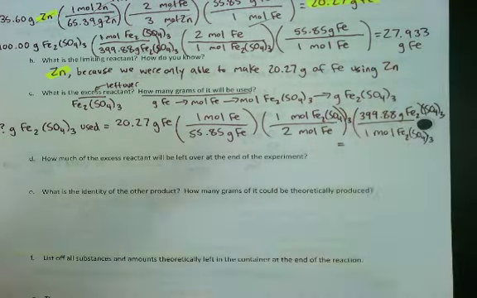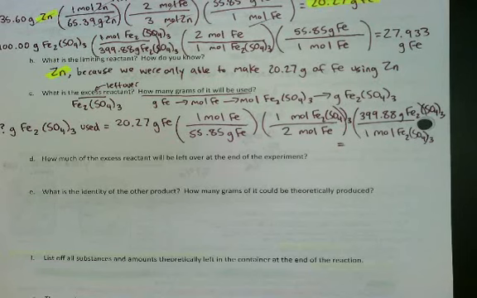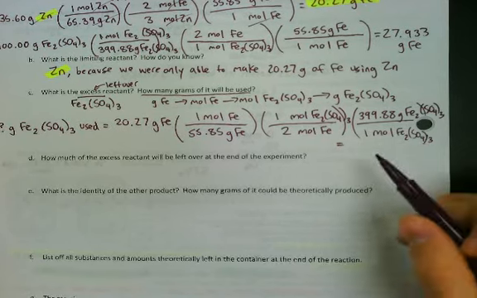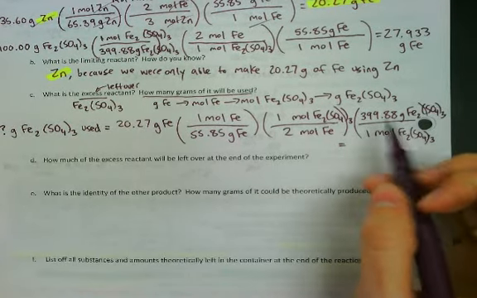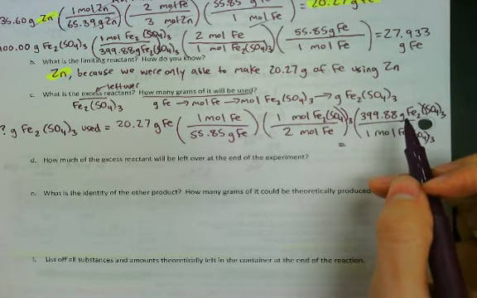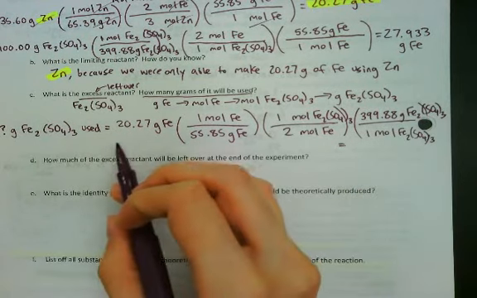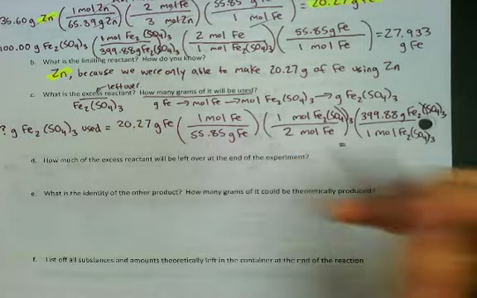So we can figure out, my lights are going off. And we're back. Okay. So now that we've set this up, we can calculate how many grams of iron 3 sulfate we should have used to make this 20.27 grams of iron.